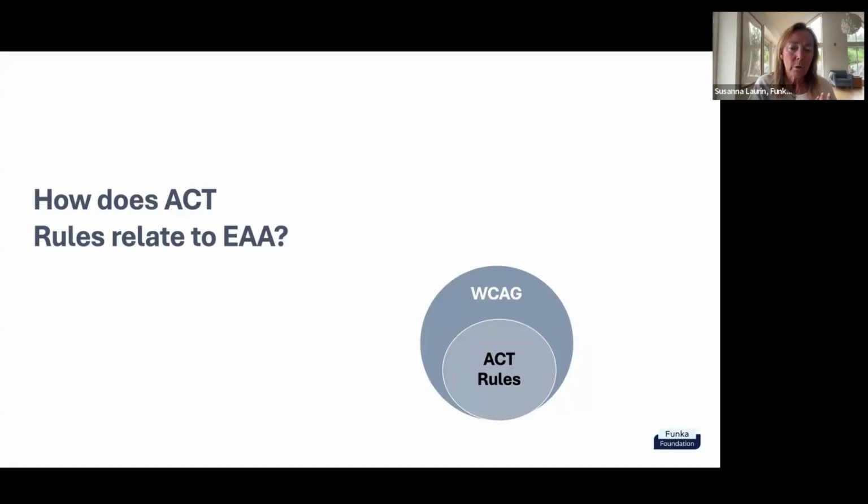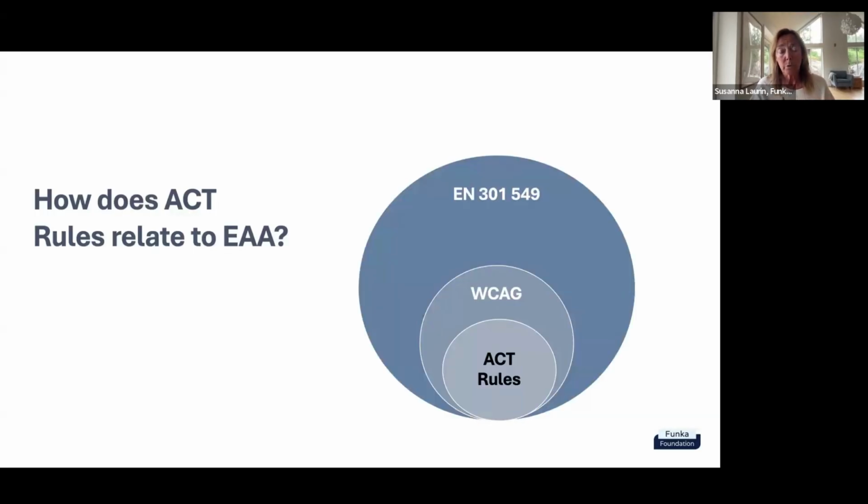And when you are having clients or working in the EU, or if you have products and services in the EU selling to consumers, then of course the requirements are not WCAG, it's the EN 301549, which is an even bigger standard than WCAG. So ACT rules is really just a small part of what the EN 301549 covers.